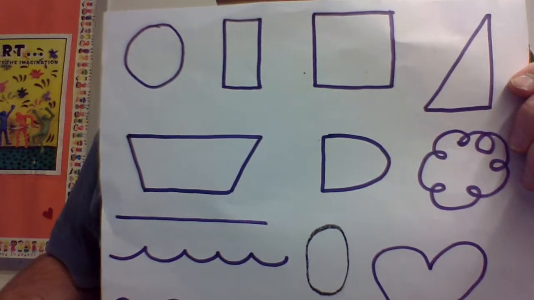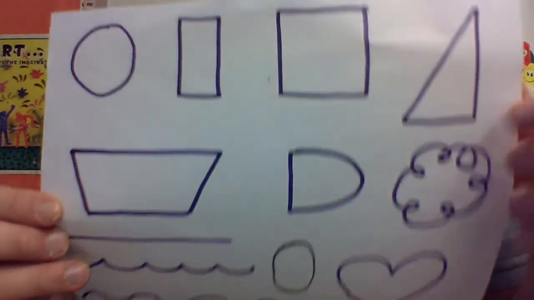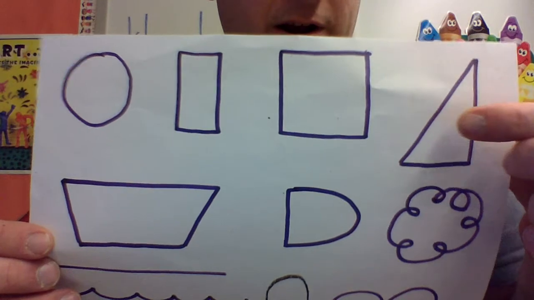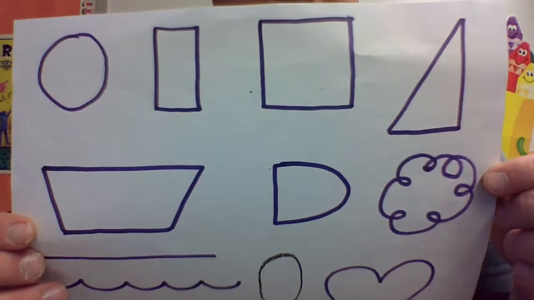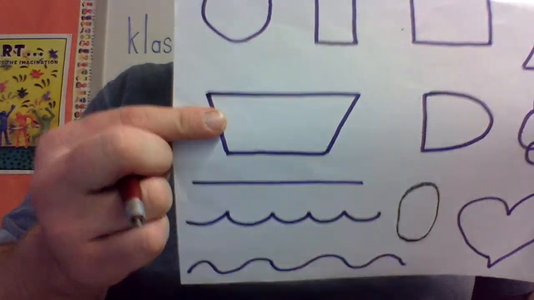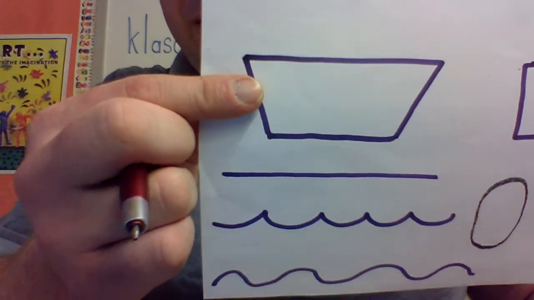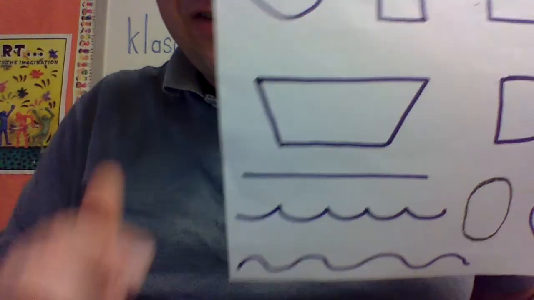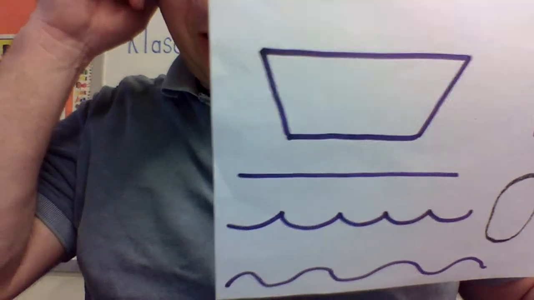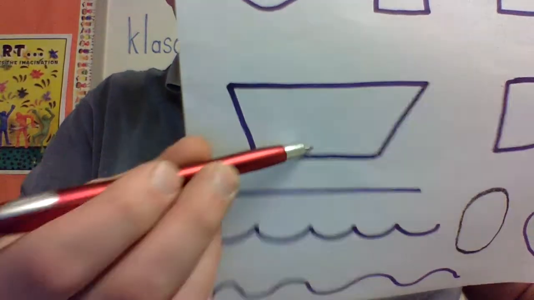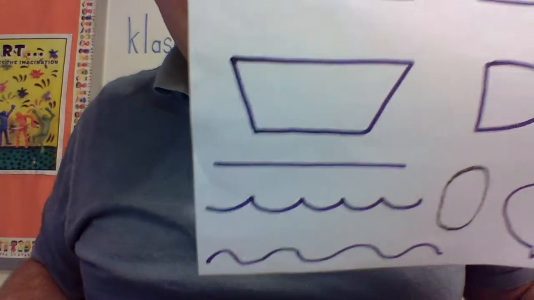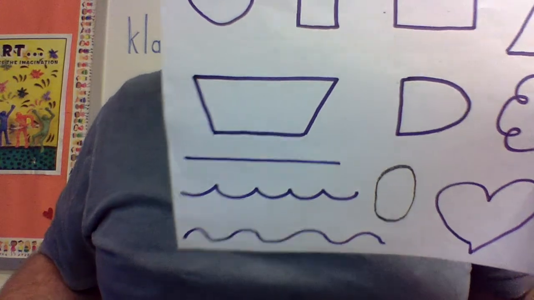Triangle was just fine. Let's count the sides. 1, 2, 3. All right. Remember what this one's called? It's not a hexagon. Hexagon has 6 sides. We're not even up to hexagon yet. That's right. It's a trapezoid.